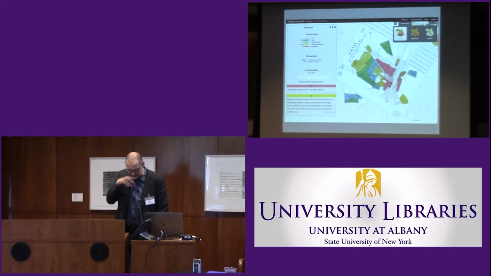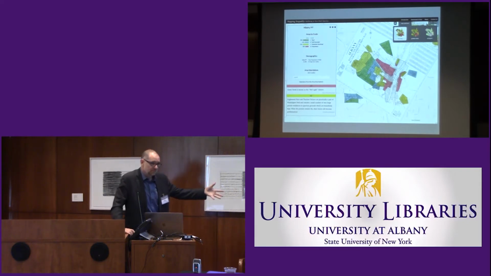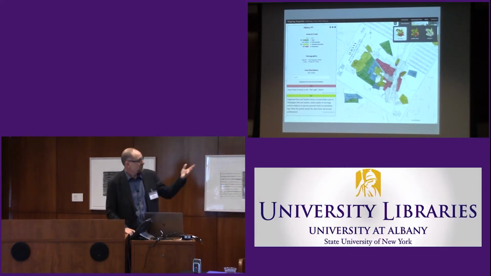So, thinking about design and that second thread I was talking about, different views of the data. In Mapping Inequality, we've taken all the maps that were produced by the Home Owners' Loan Corporation, and we georeference and georectify them, which means we can lay them over a digital map, right?